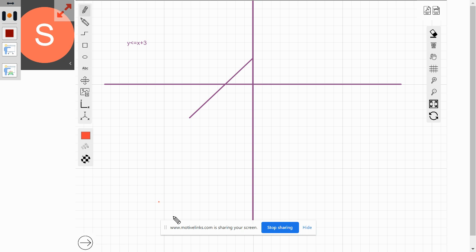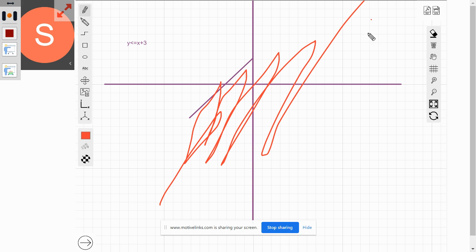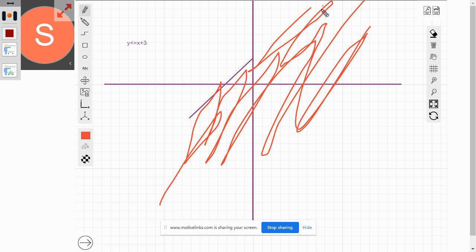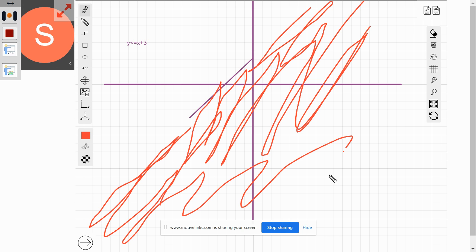Let me give you an example. We're basically just gonna shade under this line, and it just keeps going. So all of this side, okay? All this side. None of this side.